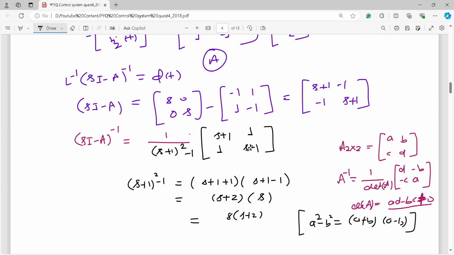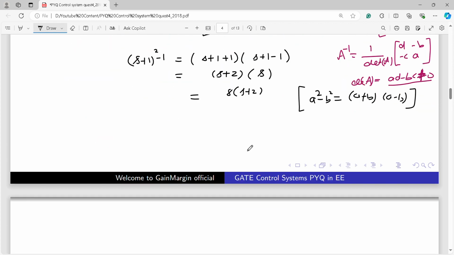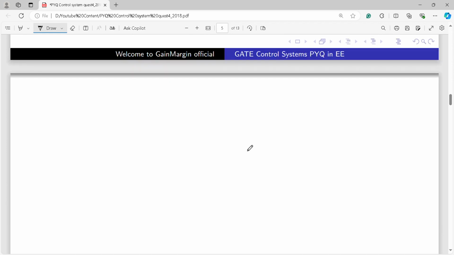And then what's coming, this one actually, sI minus A inverse is coming: s plus 1, 1, 1, 1, and it is coming s plus 2 into s. All right, here also s plus 1.